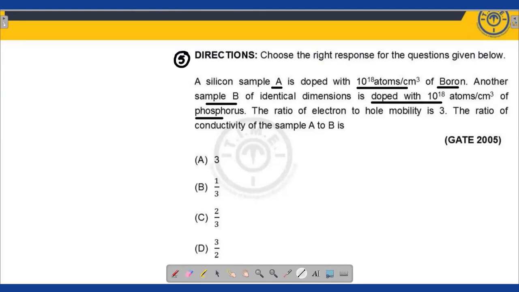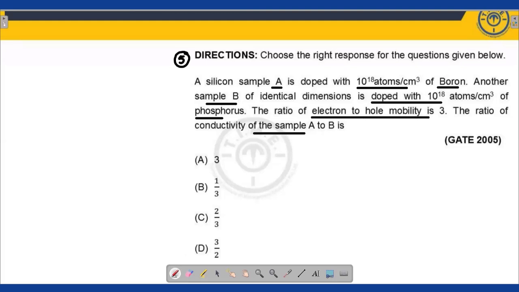The ratio of electron to hole mobility is 3. The ratio of conductivity. Now we need to bring back the relationship, my dear friends, between conductivity and mobility.